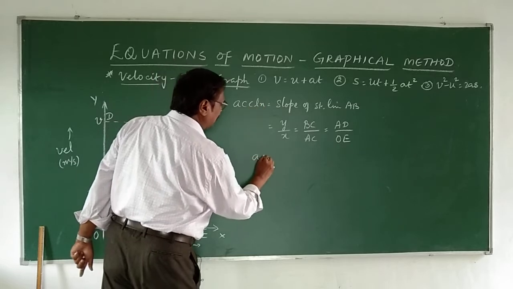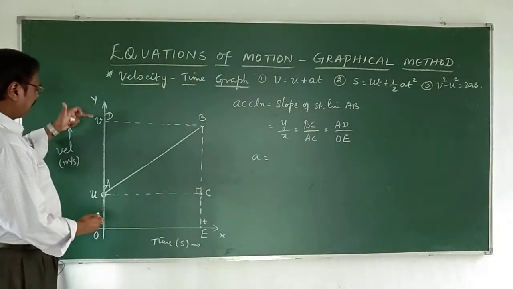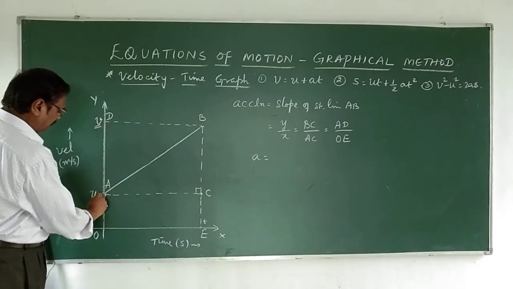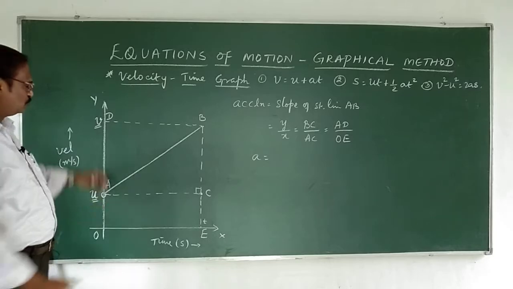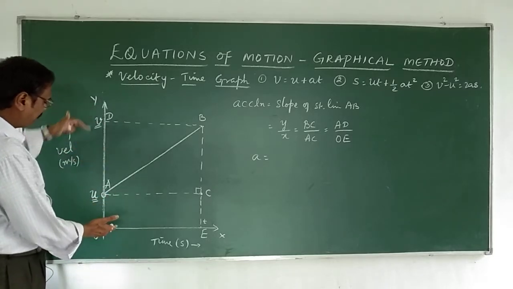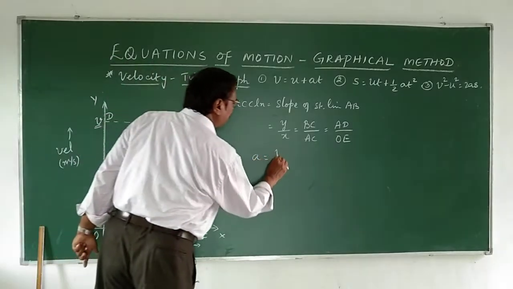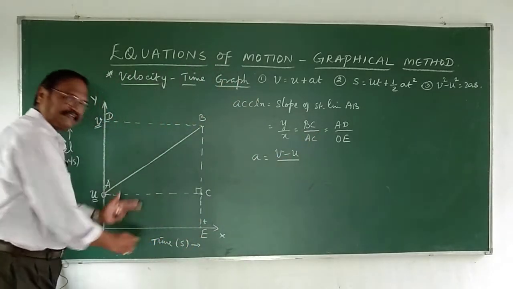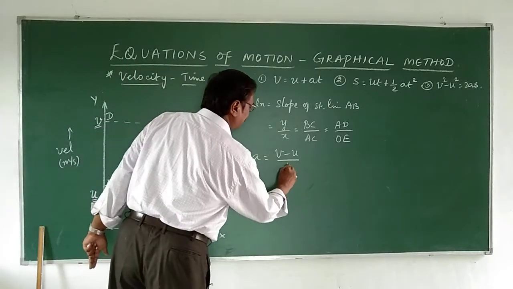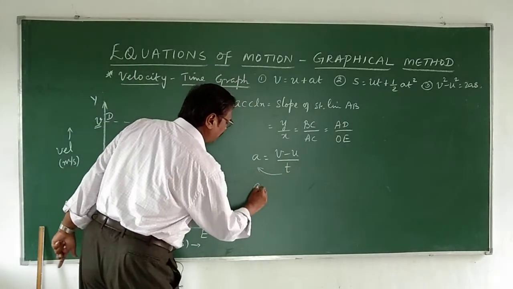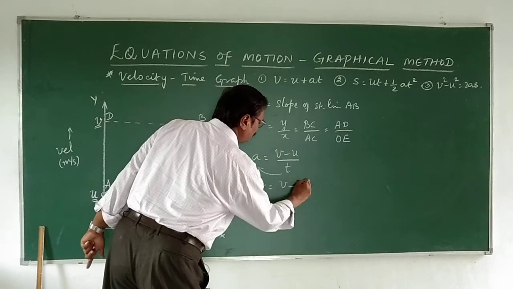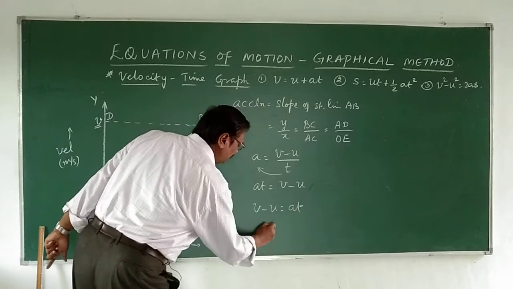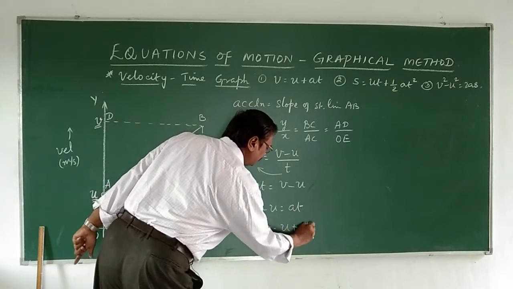So acceleration is equal to AD divided by OE. D is the final velocity and A represents the initial velocity, so AD is the difference, v − u. OE is on the x-axis, which is time. So a = (v − u)/t. Taking t up, we get at = v − u, or v − u = at, or v = u + at.